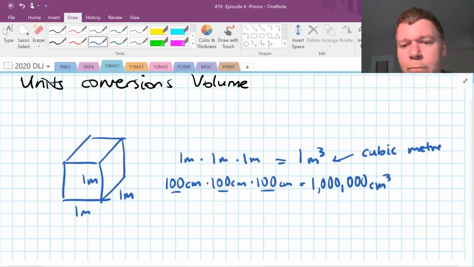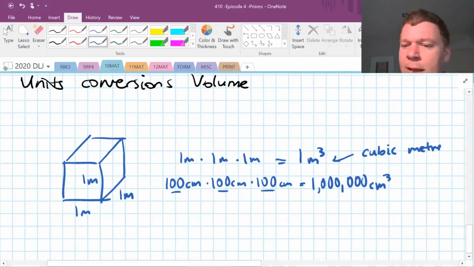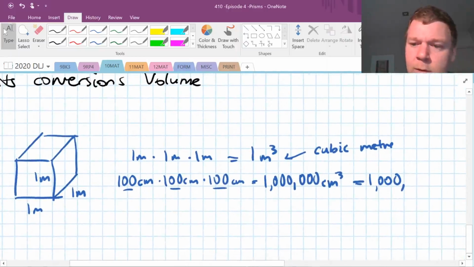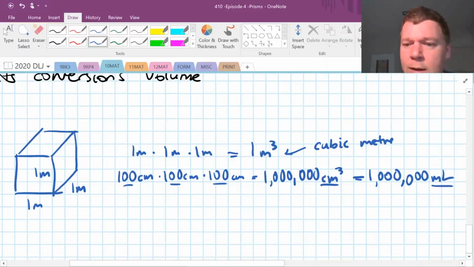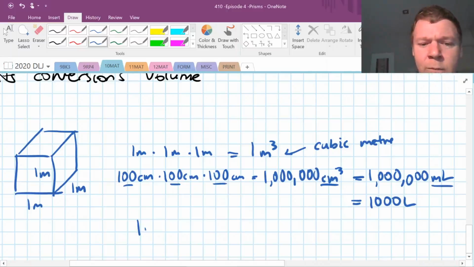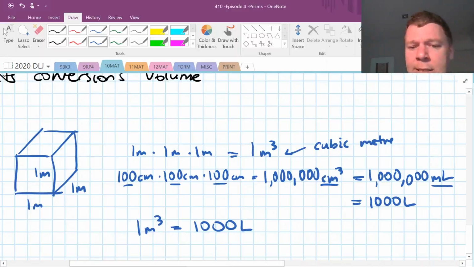So that is the same as 1 million mils, right? So a centimeter cubed is the same as a mil. So that is the same as 1,000 liters. So if you wanted to convert 1 cubic meter into liters, then you have to multiply by 1,000. There's 1,000 liters in 1 cubic meter.